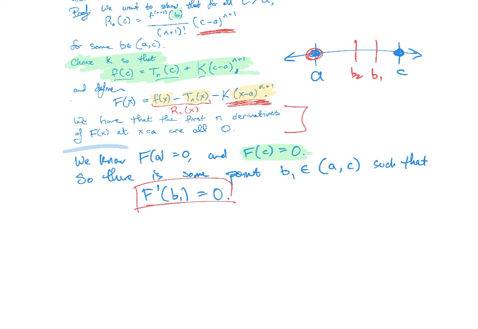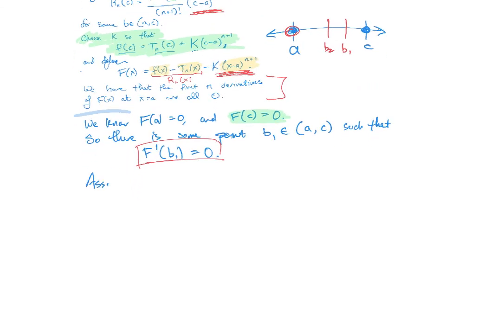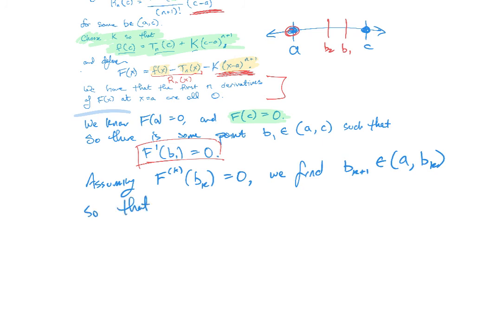So if we assume we have a Bk that makes the kth derivative 0, we find a Bk plus 1 between A and Bk that makes the k plus first derivative 0.